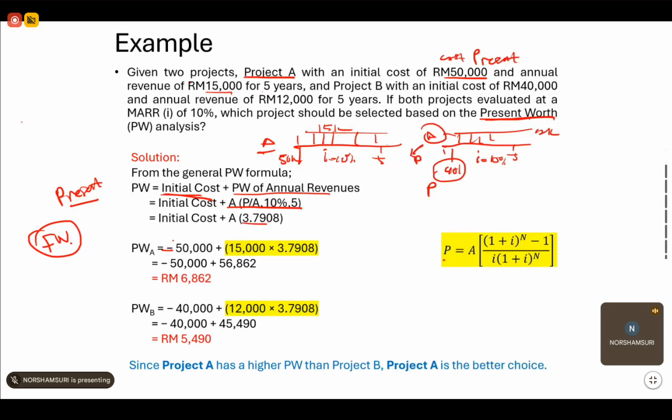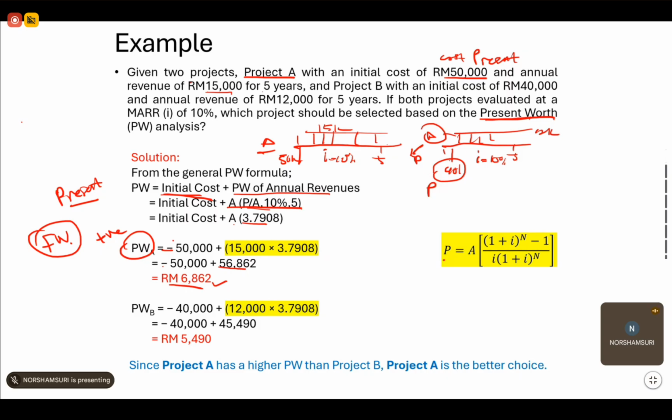After the calculation, you get about 50,600, minus 50,000 the cost. You get the extra 6,862, a positive value. That means it is viable. If positive, it's good business. I mean, we can proceed.